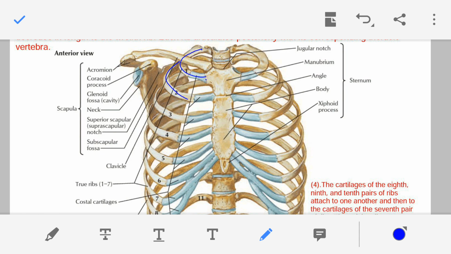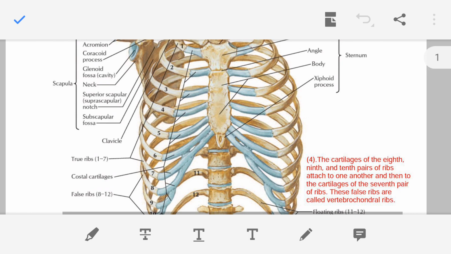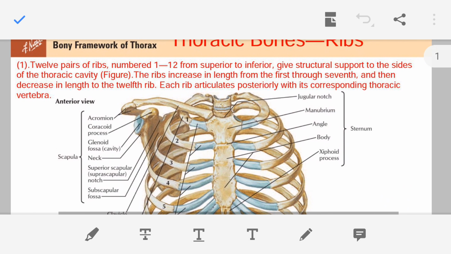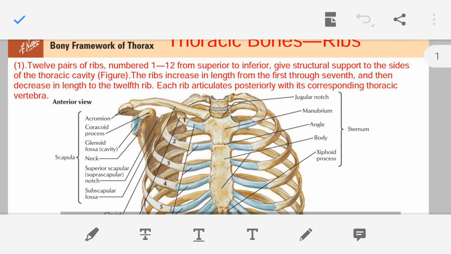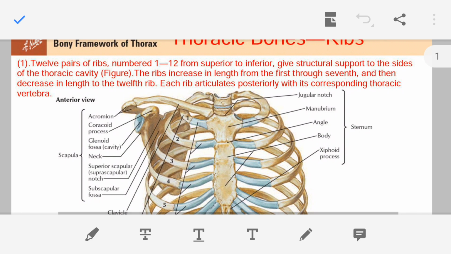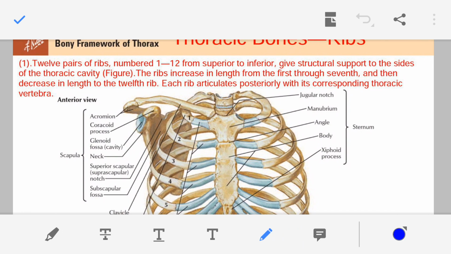Then this is the second rib, then the third. As we are moving down in the successive ribs, the length is also increasing. So we can say simply that from rib number 1 to 7, the length of the rib is increasing.